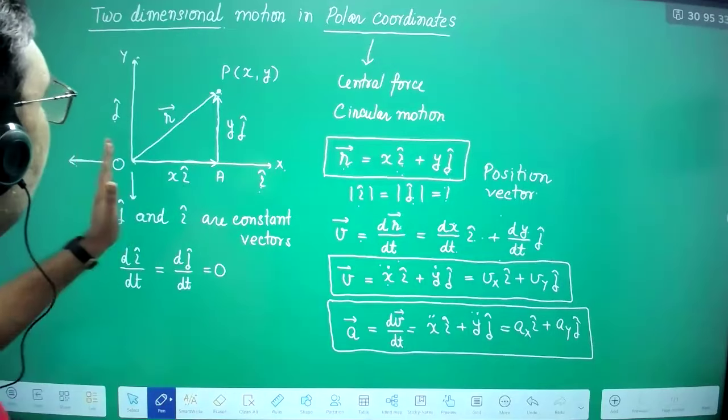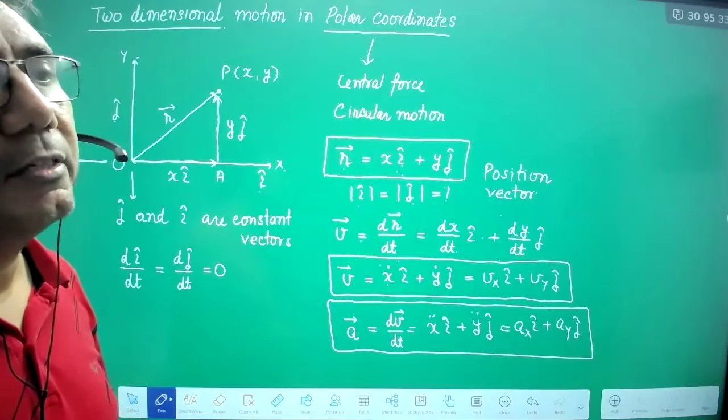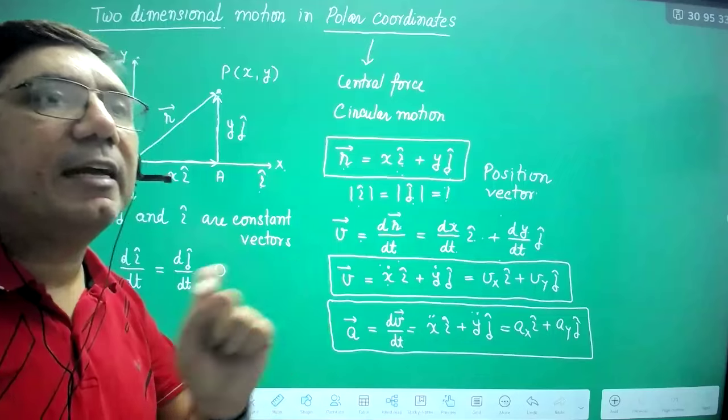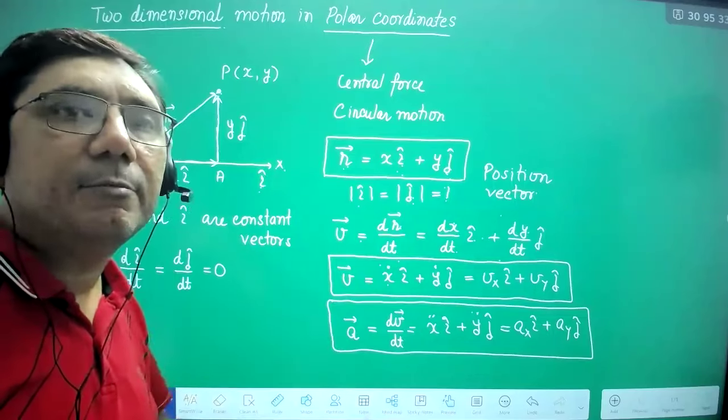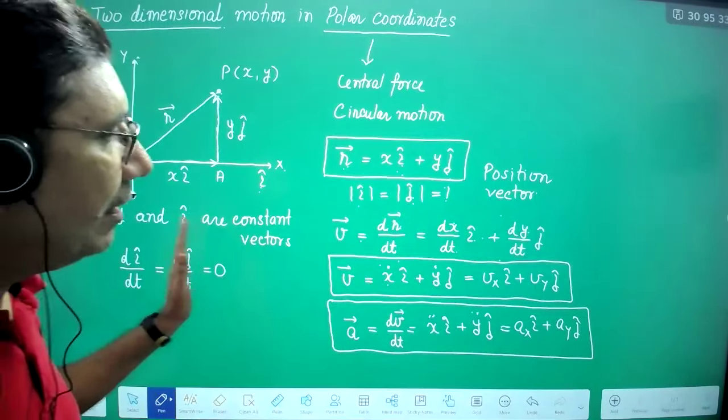So this is the two-dimensional xy system, where one axis is represented by the fixed x-axis and another direction is represented by the fixed y-axis. This is one system you are well aware of.